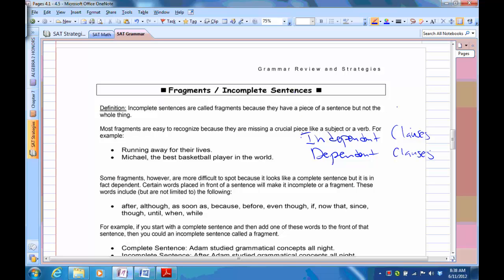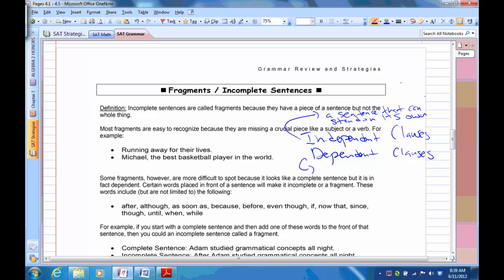An independent clause is a sentence that can stand on its own.